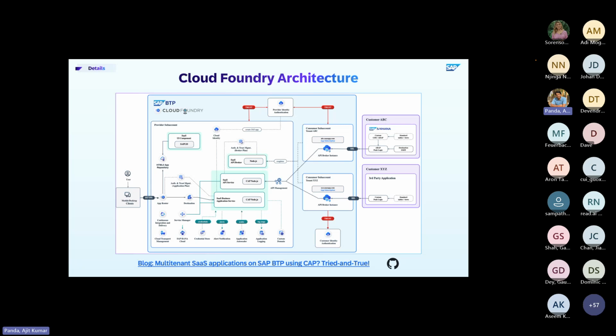But sometimes you want to provide an API-like feature to consumers, where each of these customers can create a service instance, which means they get a key, credentials, etc., and then just push data to your SaaS application.